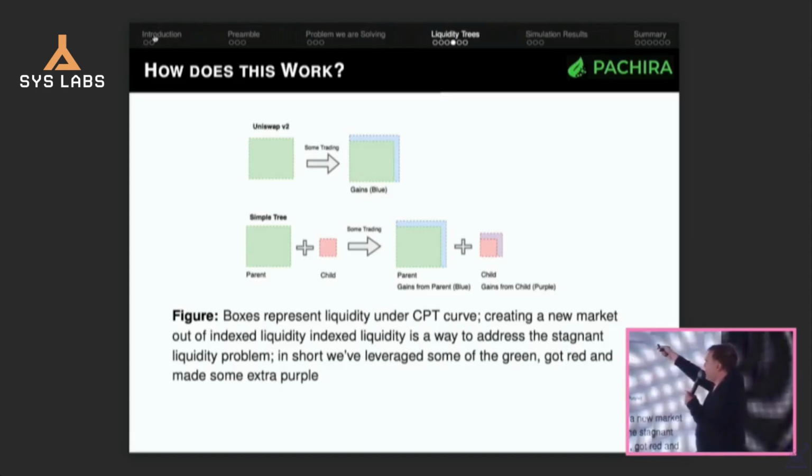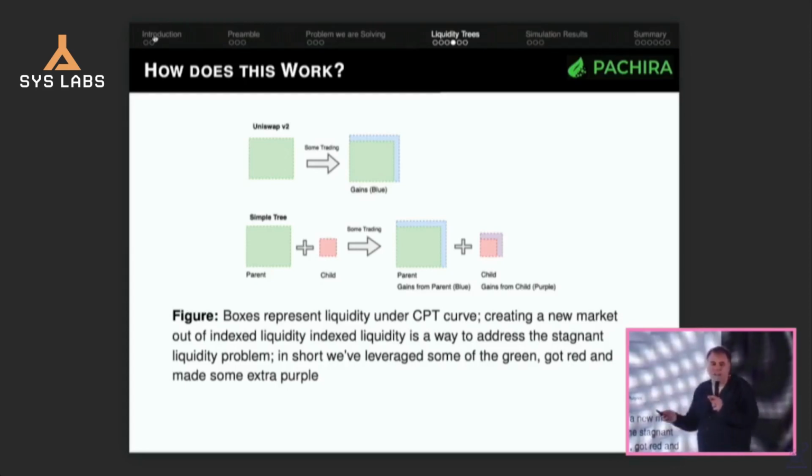That's denoted by this blue strip on the outside edge here. With this simple tree, we have the same effect happening. We have the green box, we have some trading, and it grows. But then we take our collateralized liquidity in our child. The child also grows. It too produces additional revenue.